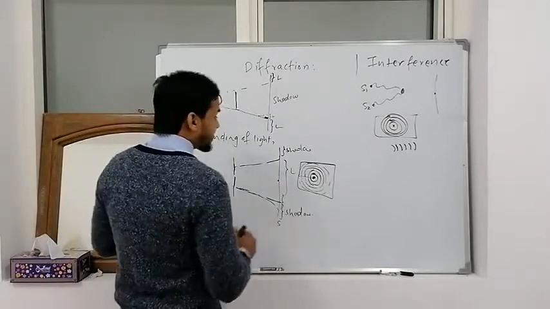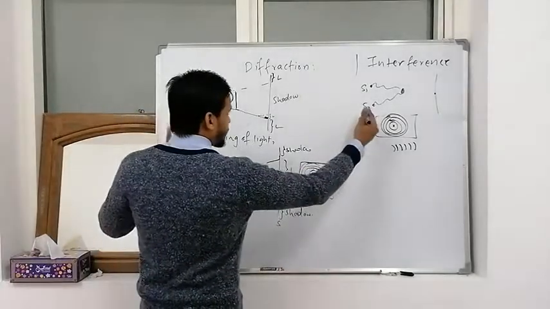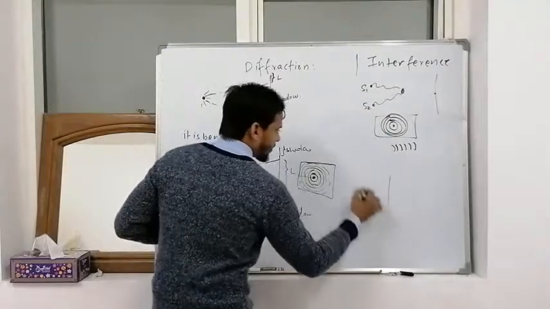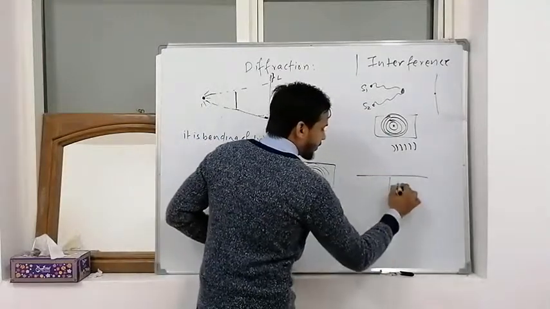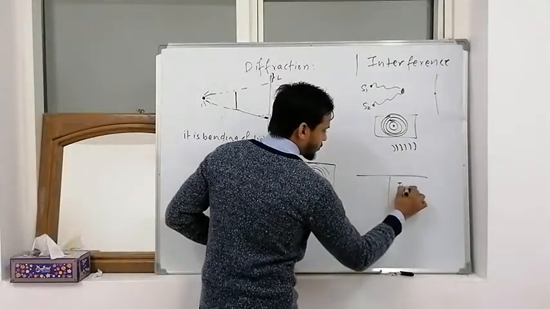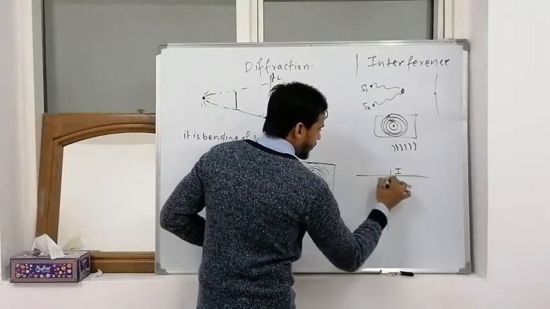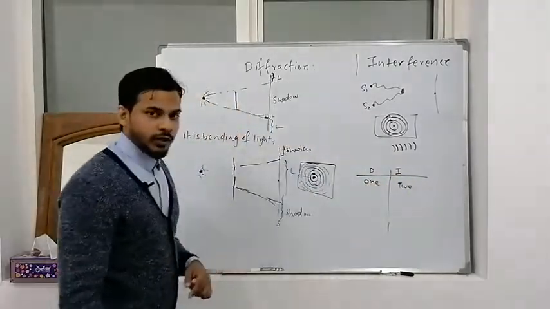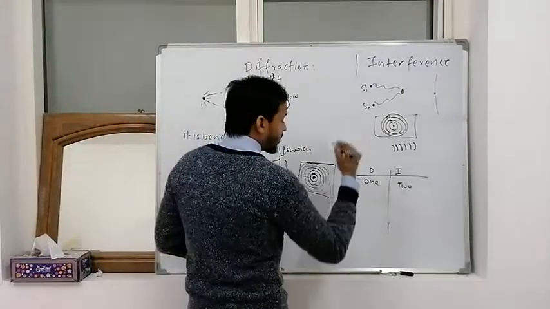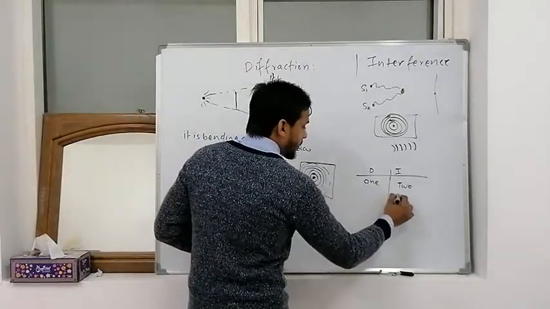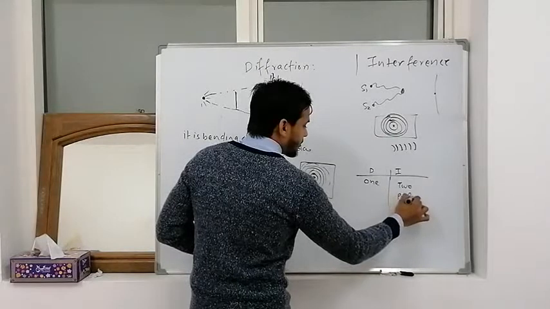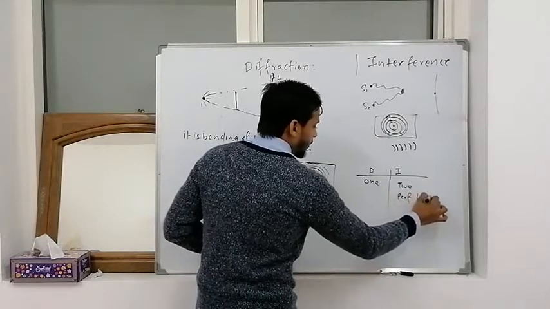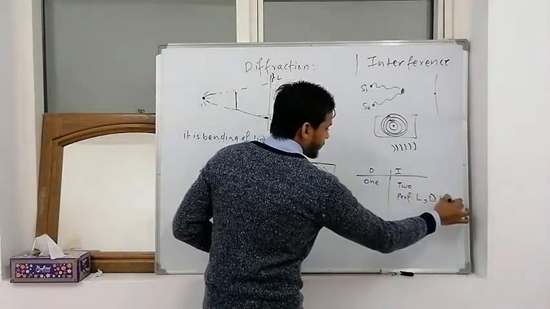Second difference: in interference we are using two sources, in diffraction we are using one source. In interference we have perfectly light and perfectly dark bands.